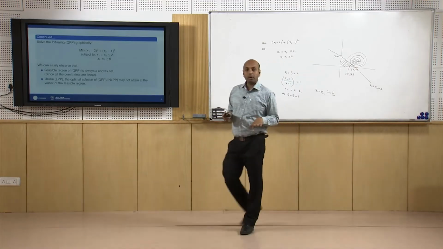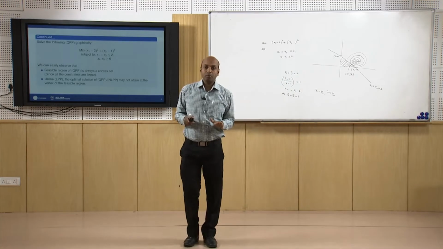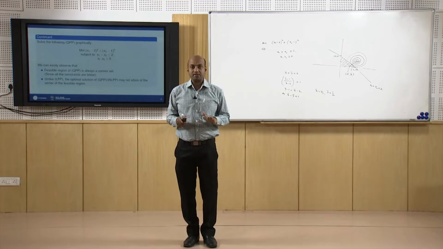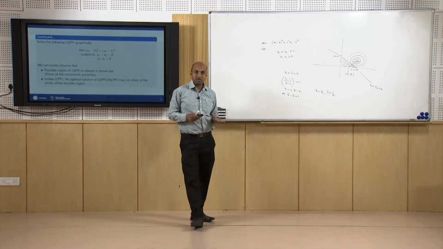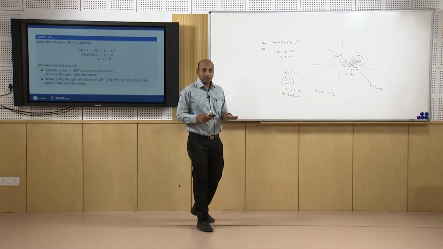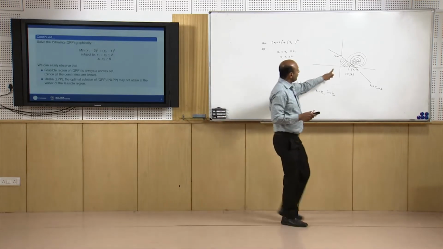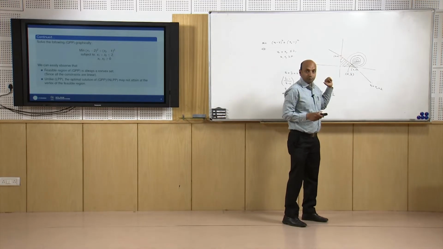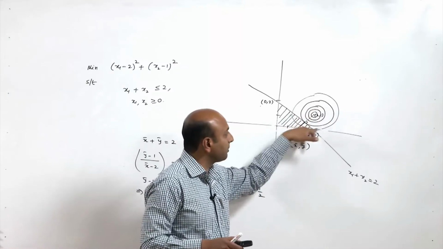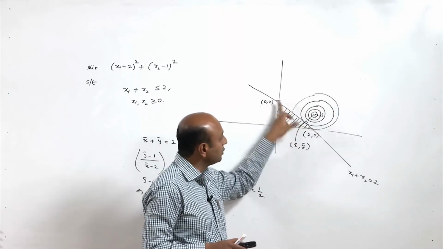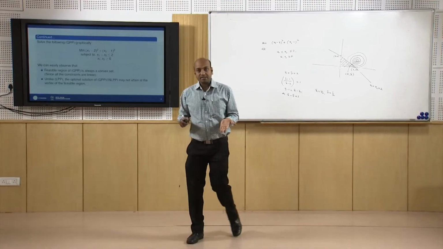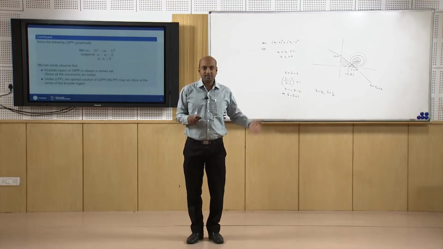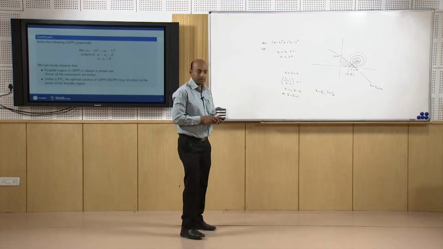In linear programming problems, what do we have? In a linear programming problem, the optimal solution, that is the minimum or the maximum of the objective function, is always attained at the vertices. However, in a quadratic programming problem it may be attained at points other than the vertices, as we have already seen in this particular example.